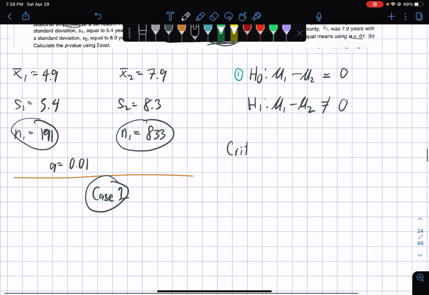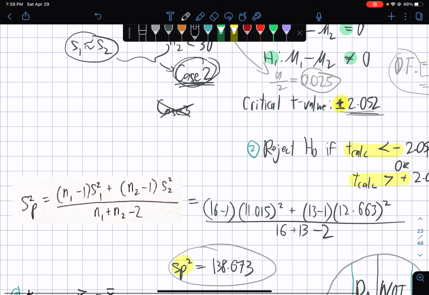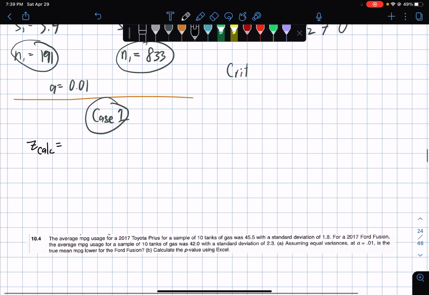So what is the case 1 formula? This is the only formula wherein we use the z table to find the critical value. Unlike case 2 and case 3, this is zcalc. So zcalc is equal to, just copy paste the formula, or I'll just write it again from scratch.